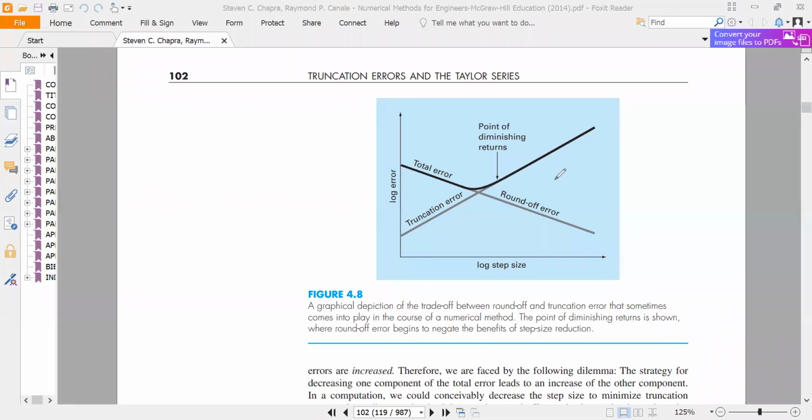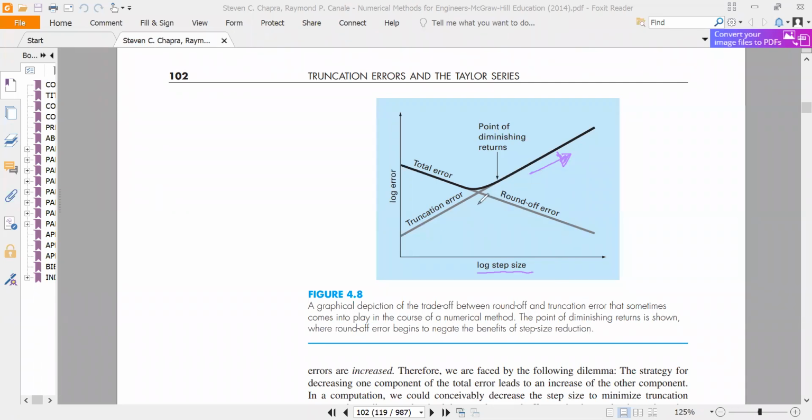So you see that if we increase our step size, then your truncation error will increase, because in your last example, your truncation error is related to h square. Similarly, this is a log plot, and in this region things are a straight line.